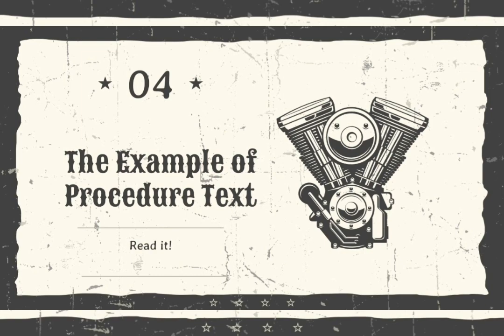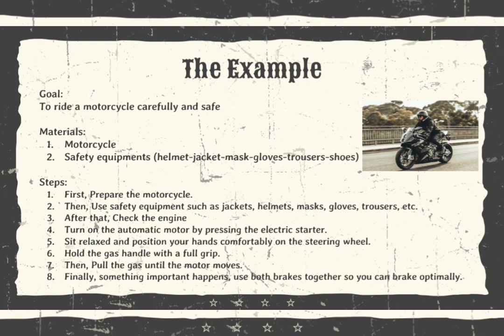The next one is the example of procedure text. Let's read it together. The example goal: to ride a motorcycle carefully and safely. According to the goal, what is the title of this procedure text?